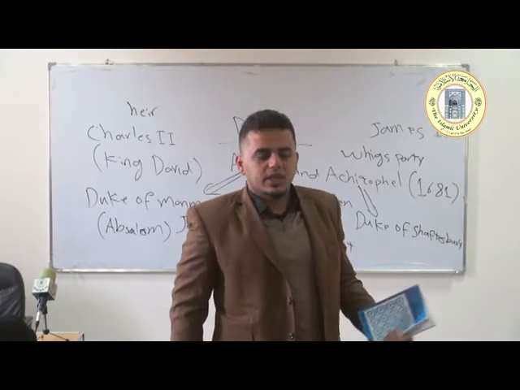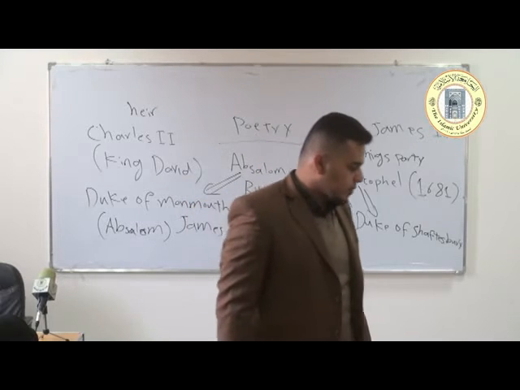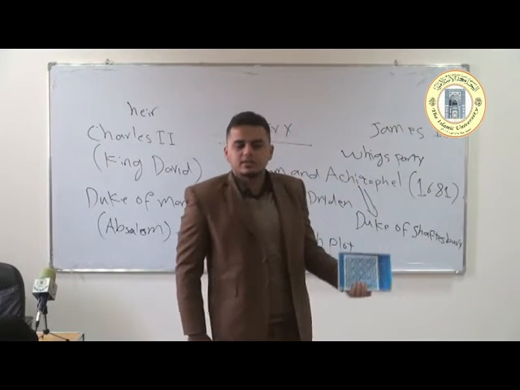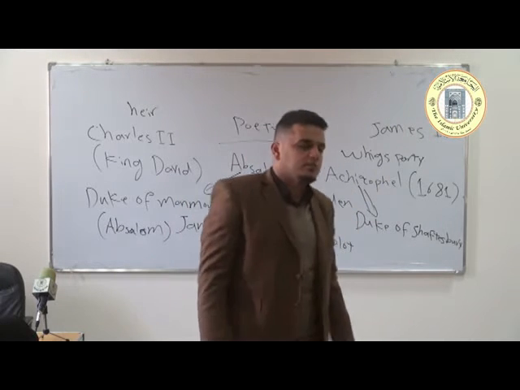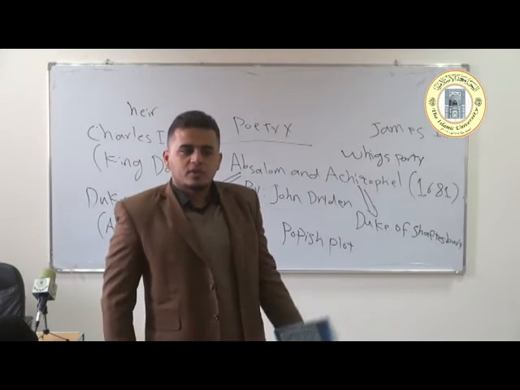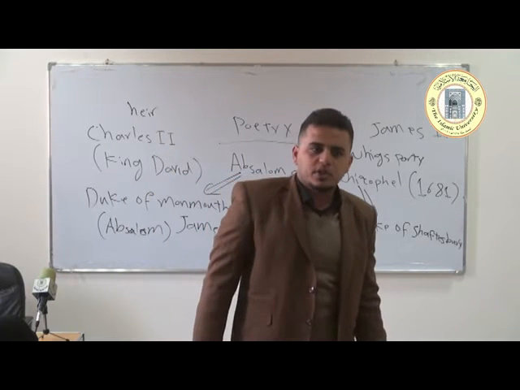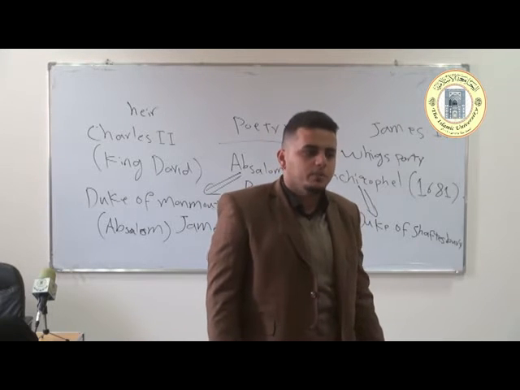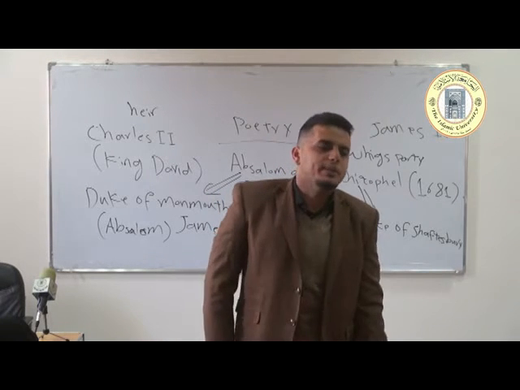Afterwards, in the biblical story, Absalom and Achitophel died or were beheaded. The same thing happened with the Duke of Monmouth and the Duke of Shaftesbury. This is the story in the Bible. But the important thing is about our extract, our part in the poem, Zimri. So who is Zimri?